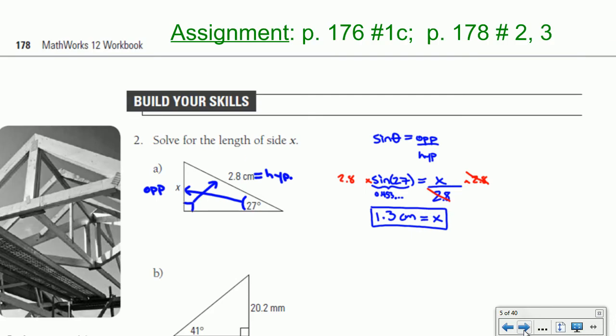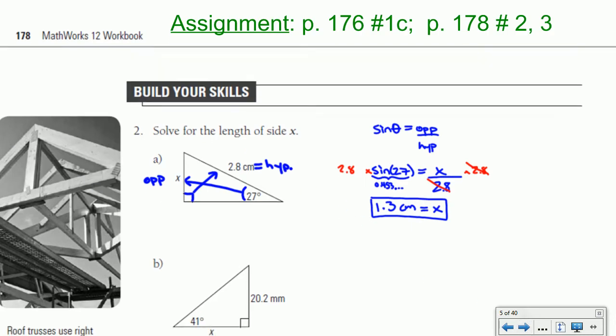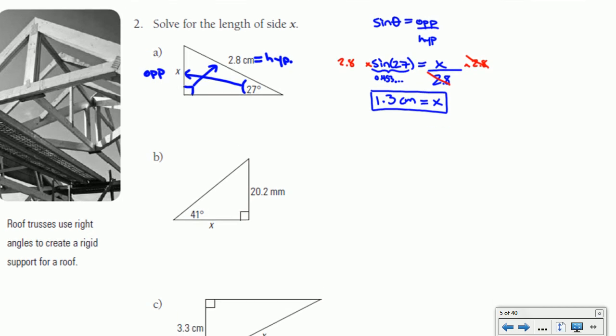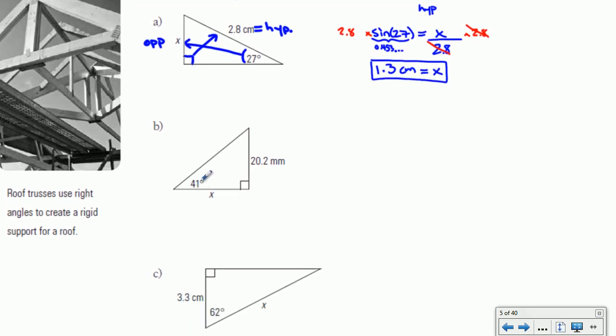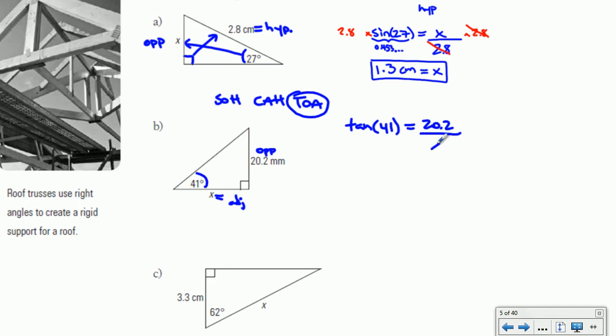On to question number 2, so the rest of 2 and 3. Solve for the length of side x. So here we have this. The side length opposite that angle is the opposite side, and this is adjacent, so x is adjacent. Looking at your trig ratios, the one that mentions opposite and adjacent is tan. So we're going to go tan 41 equals opposite over adjacent, which is x.